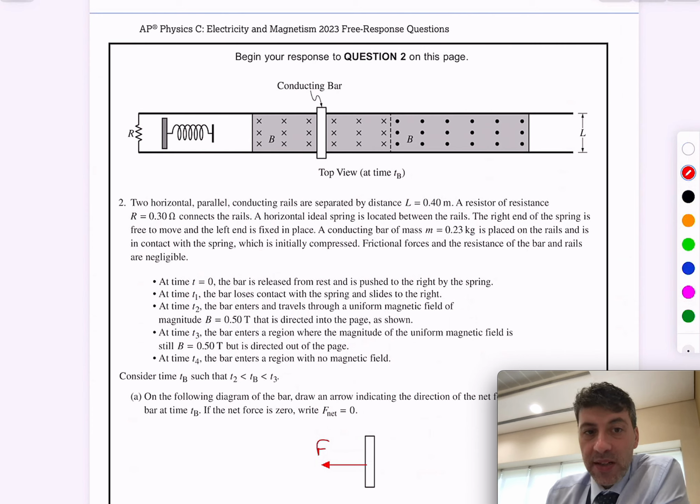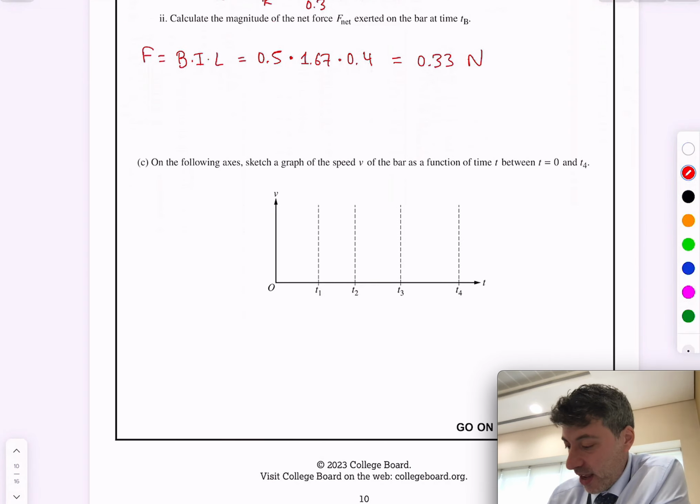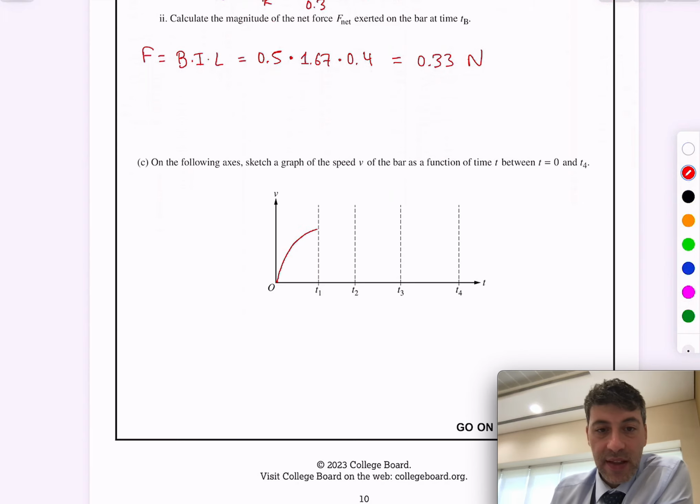However, because the force by the spring is not a constant force, the speed will not increase linearly. It will increase in a non-linear way, and it will tend to become constant when the object is about to leave the spring, is about to be detached from the spring.